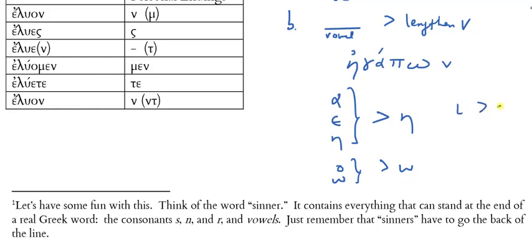Short iotas will become long iotas, and short upsilons become long upsilons. Okay. In other words, you can't really tell the difference, but they're written the same. But these were short and they've been lengthened. Okay. So what does this reflect here on the left side? It reflects the kind of lengthening you see with contract vowels before you add the tense formatives. You remember that? So the same kind of lengthening there.